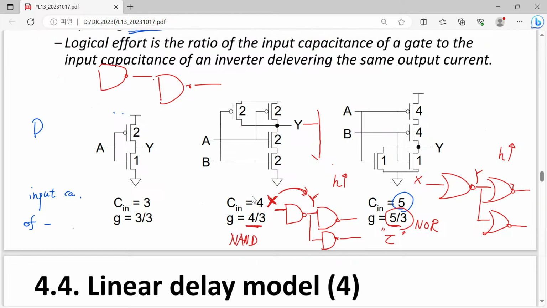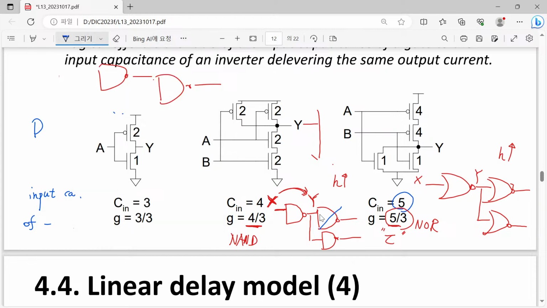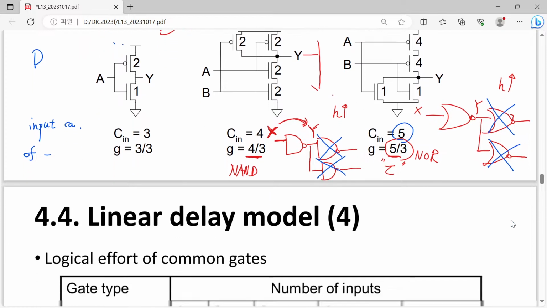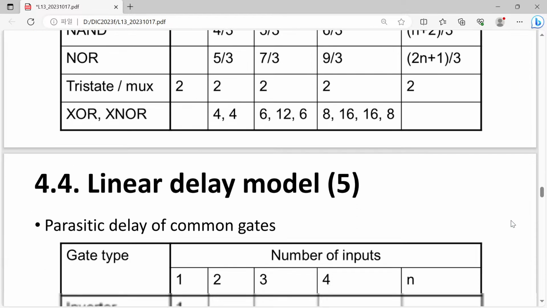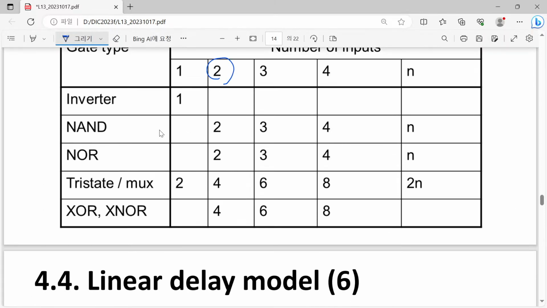That is the thing you can expect. Then, of course, you can ask me the question like this: okay, this is just the incremental value of our delay. Then what happens if we don't have any of these loads? Then what is its own delay? That is related with parasitic delay. So please make a comparison between the two-input NAND and two-input NOR.